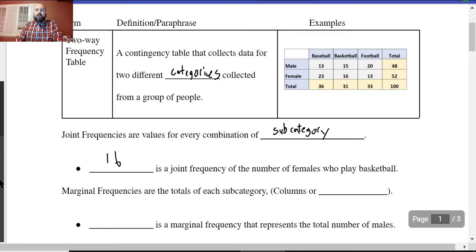Marginal frequencies are the totals of each subcategory. So this would be the total column or row. So blank is the marginal frequency that represents the total number of males. Well, 48. That is the marginal frequency. Let's go on.